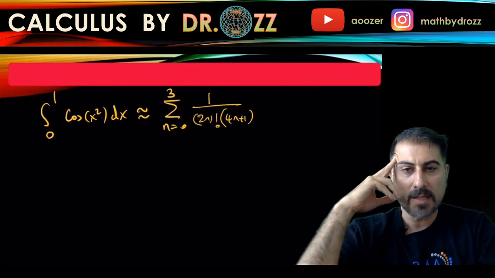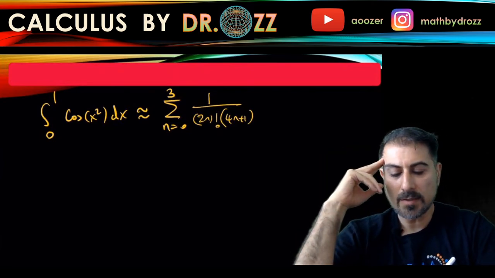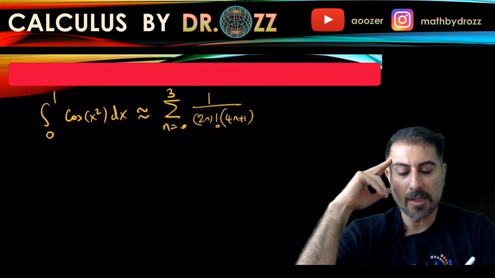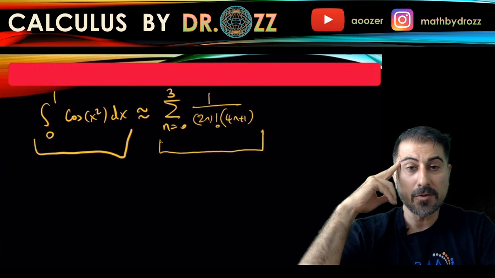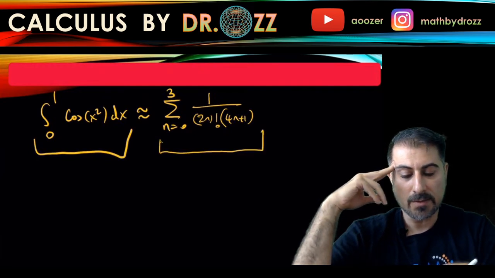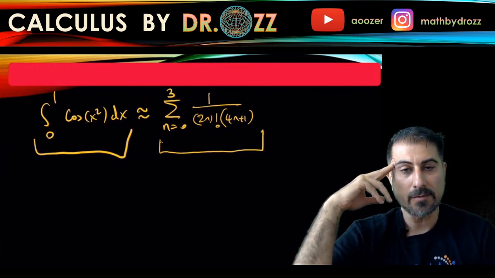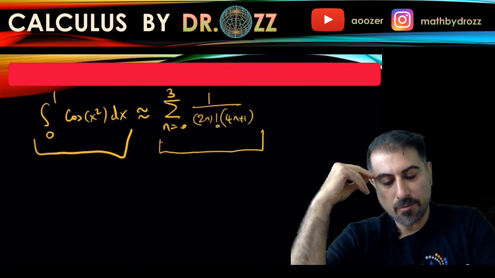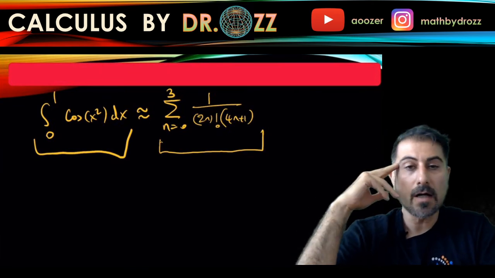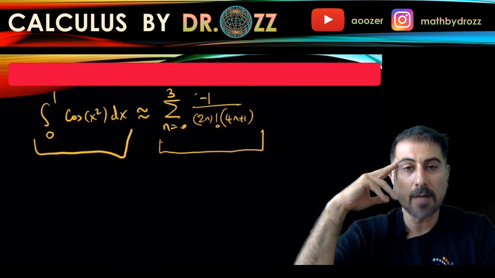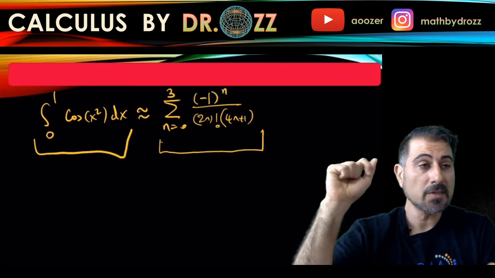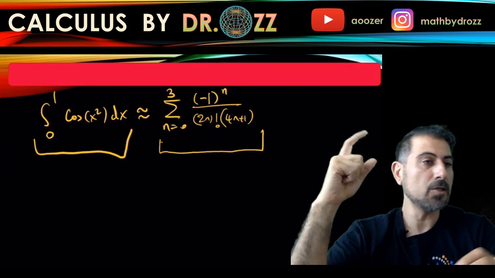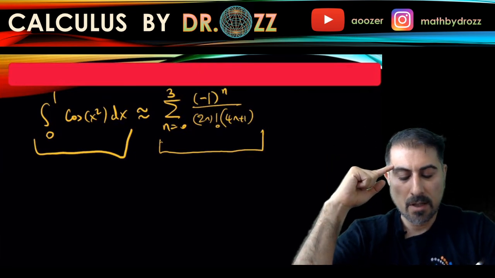So what I just said is that this integral is approximated by only the summation up to n equals 3. If you use your calculator and list all the terms, a0, a1, oh, I forgot the (-1)^n, sorry. There's also (-1)^n at the top. So we still have the alternation, obviously.